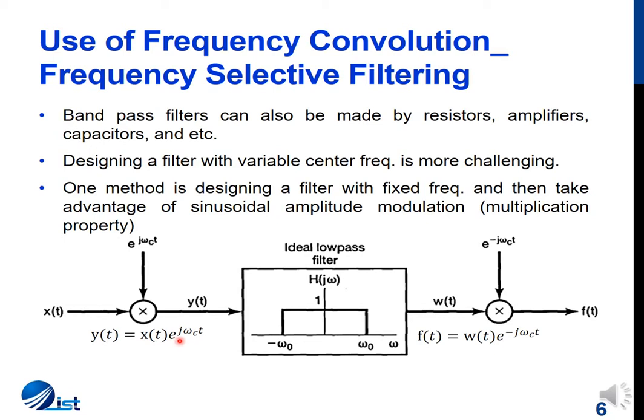We pass this signal through a low pass filter and we get an output w of t. At the output we again multiply by another complex exponential, but this time with frequency minus omega c, e to the minus j omega c t, and we take our output f of t. f of t is w of t times e to the power minus j omega c t. In the next slide we'll see what happens from a frequency domain perspective.